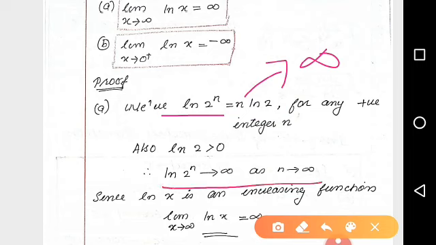This 2 raised to n is a particular value for x, and ln of x is always an increasing function. To show that it's an increasing function, it is enough to show that its derivative is positive.